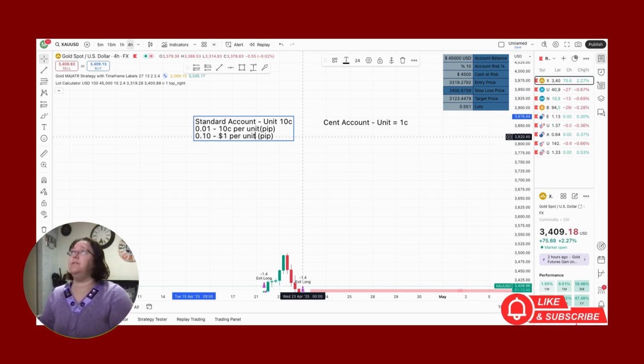And then obviously, if you are on a full lot size, then you are risking $10 per unit or per pip. So I hope this helps you understand that when you open up a trade and you put in 0.01 or 0.1, you're telling the system that you want to buy every unit at that price, which is either 10 cents, $1, or $10. But now let's take a funny one.